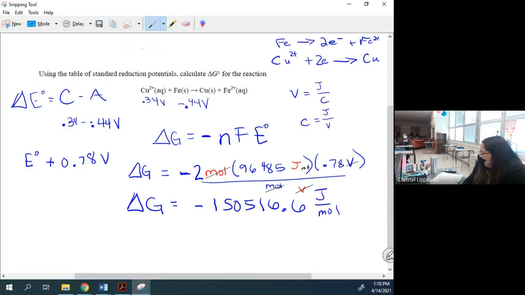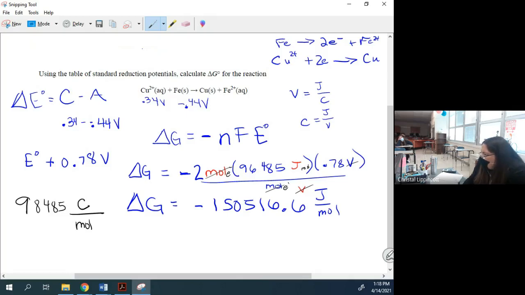That makes sense. Wait, a mole is also... Well, the unit is 98485, right? And it said that is coulombs per mole electron. And this is a mole of electrons.